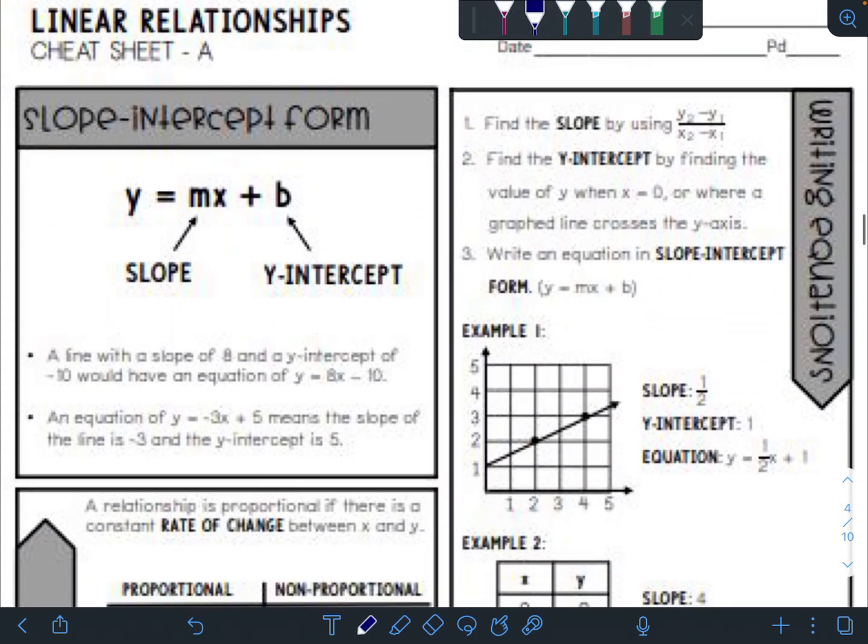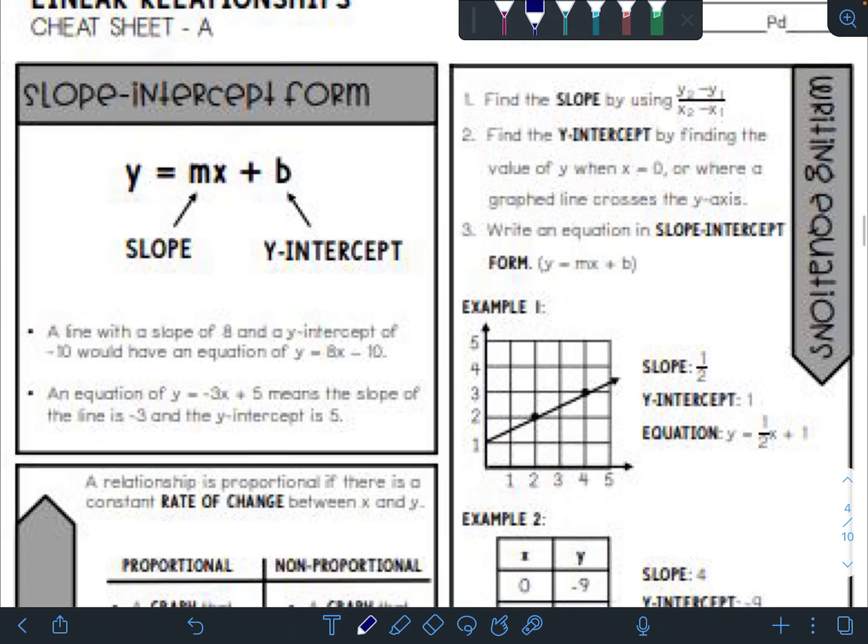So if we go to look at our little cheat sheet that we have here, again, our slope is our m, and our y-intercept is our b. Our slope is that change in y over change in x, our rise over run, and the y-intercept is where it hits the y-axis.